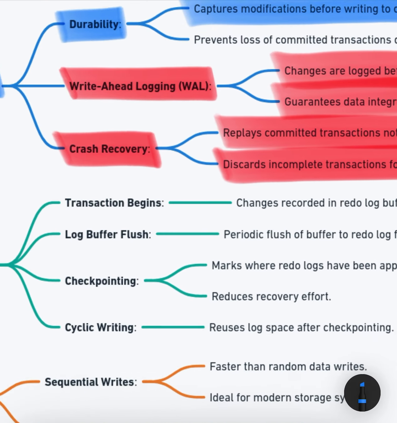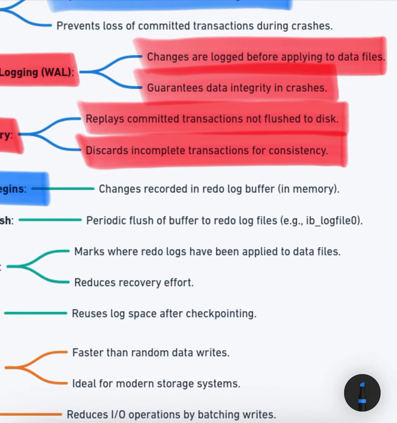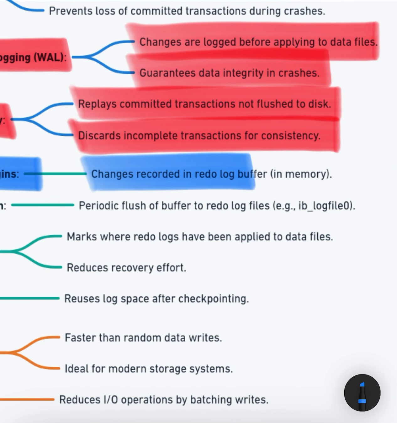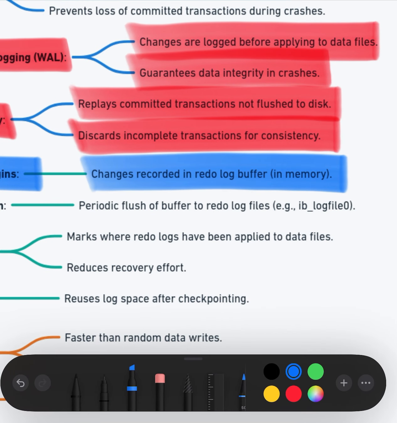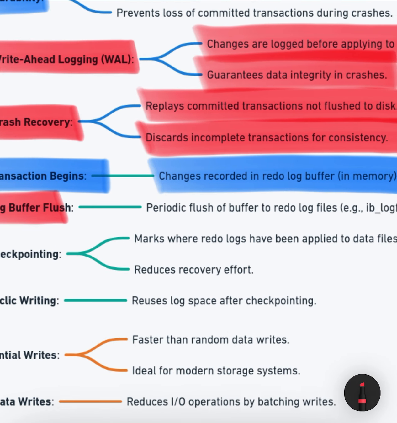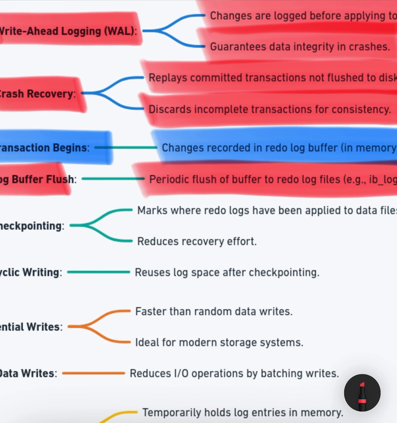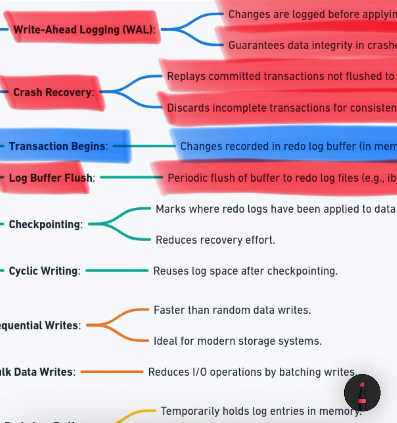3. How redo logs work. 1. Transaction begins. When a user modifies data, changes are first written to the redo log buffer in memory. 2. Log buffer flush. Periodically, this buffer is flushed to redo log files, e.g. ib_logfile0, on disk for durability. These writes are sequential, making them extremely fast. 3.